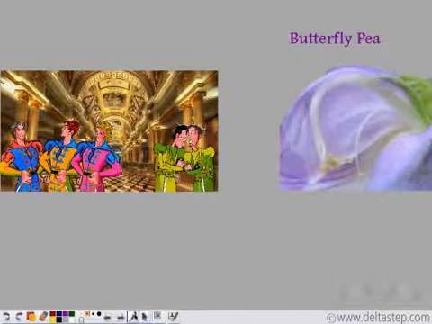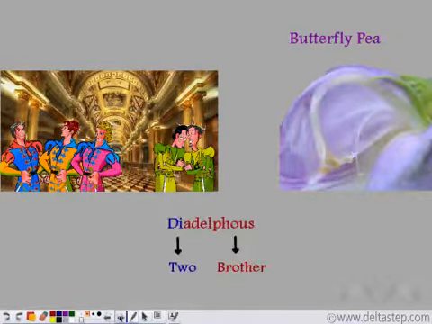See? This is one group of stamen and this is another group. And this arrangement of stamens is known as diadelphous. Di means 2 and adelphous means brother.